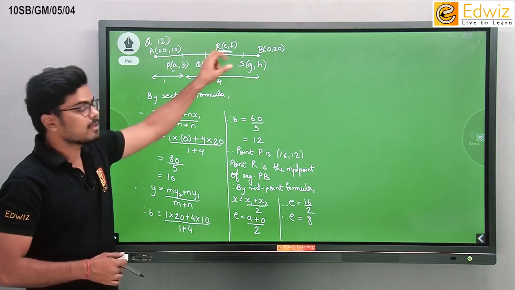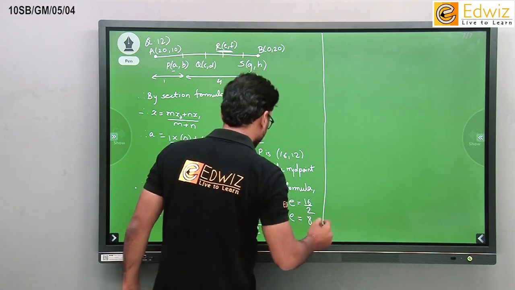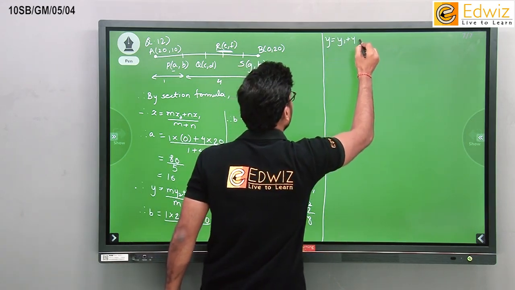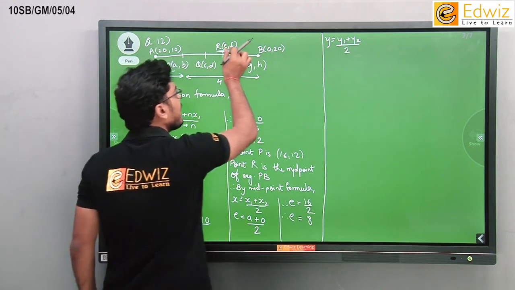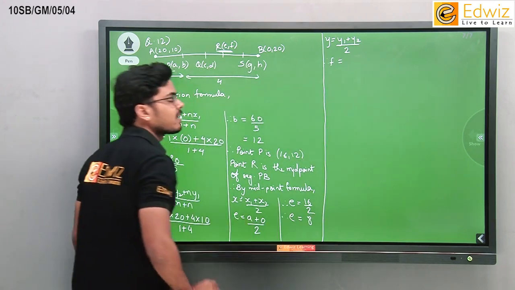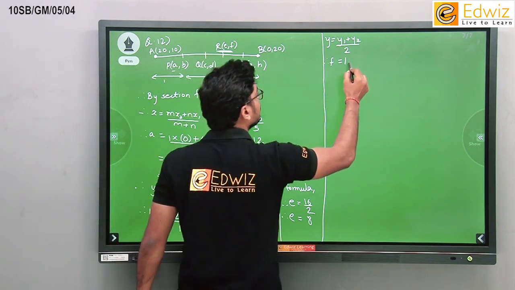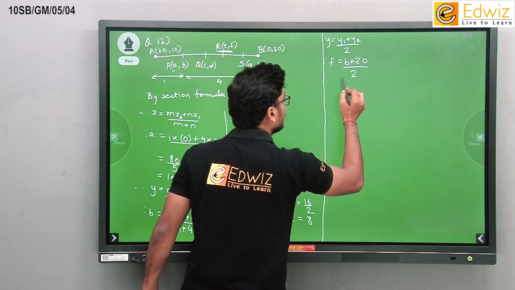Similarly, we can find out the y coordinate also. Let us do it separately here. Y will be equal to y1 plus y2 divided by 2. Okay, y coordinate R का क्या है? F will be equal to, what is y1? y1 here is B plus y2 मतलब 20 divided by 2.